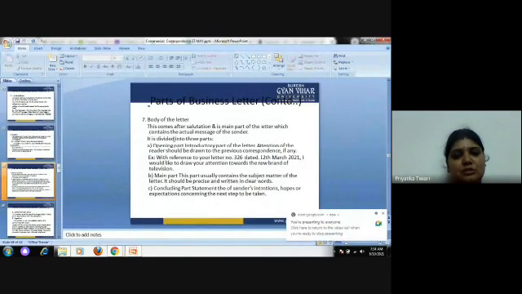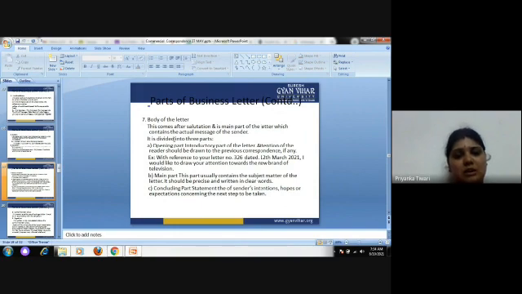The body comes after the salutation and contains the actual message of the sender, divided into three parts. Opening part, the introductory part of the letter: attention of the reader should be drawn to the previous correspondence, if any, for example, with reference to your letter, towards the brand of television.